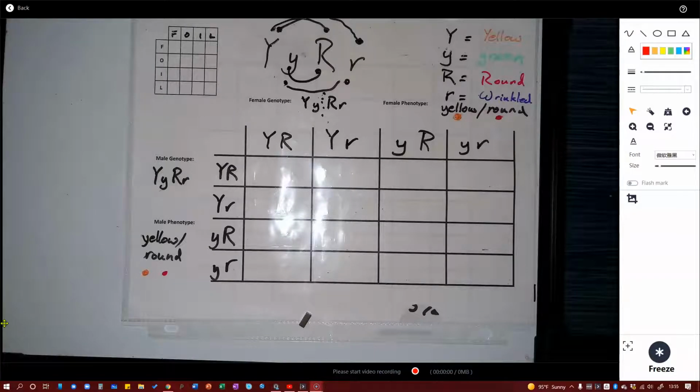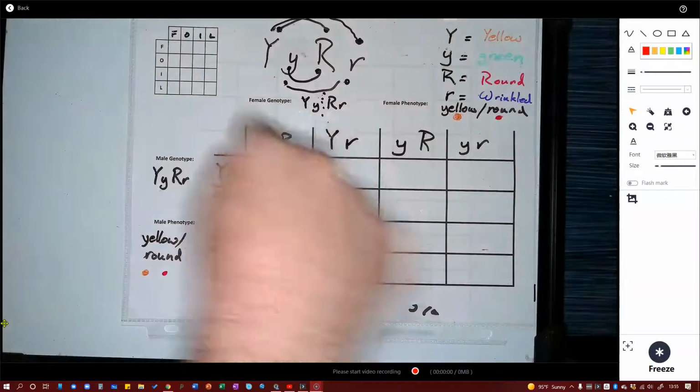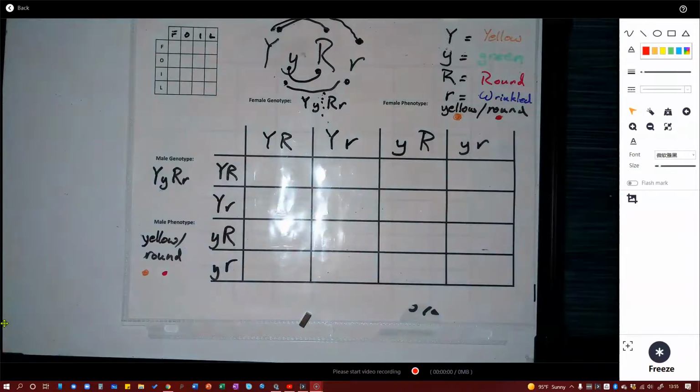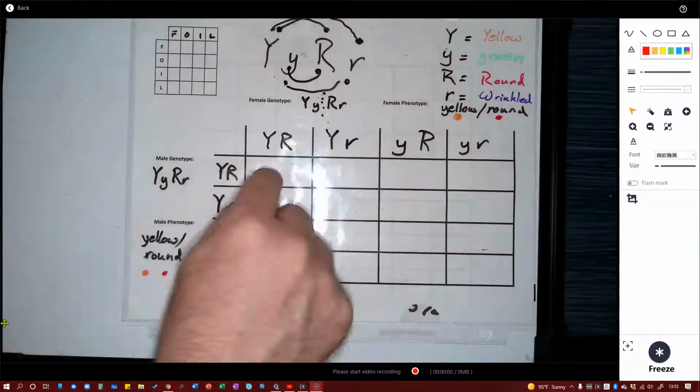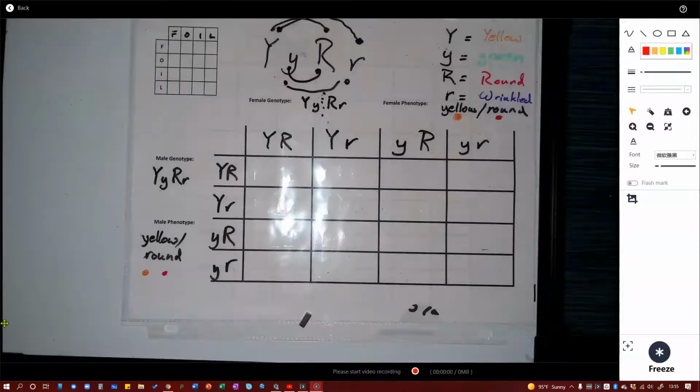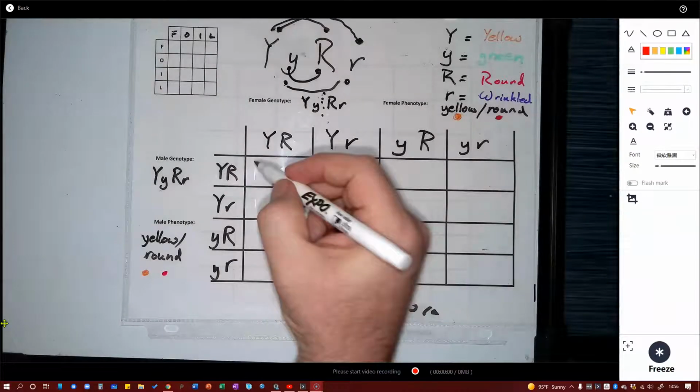You have to get each of these individual cells filled, and remember that they represent all the potential combinations of these two alleles in the gametes that are formed in meiosis for these individuals. Then all we have to do is go to the intersections of these boxes, right, and fill them in.